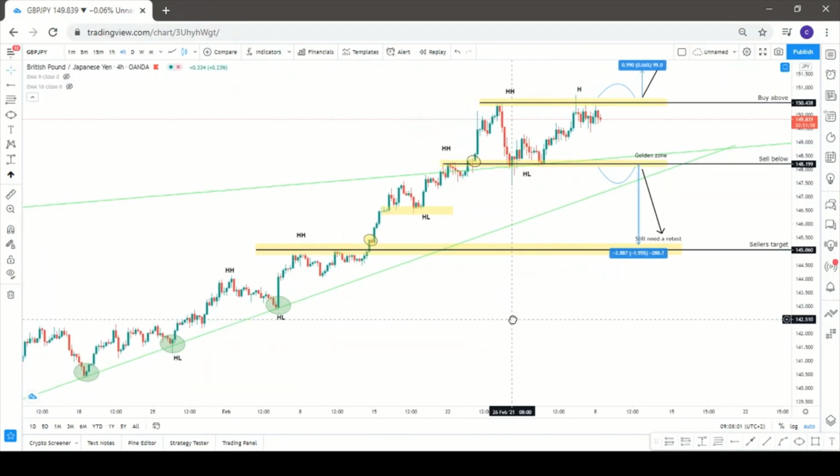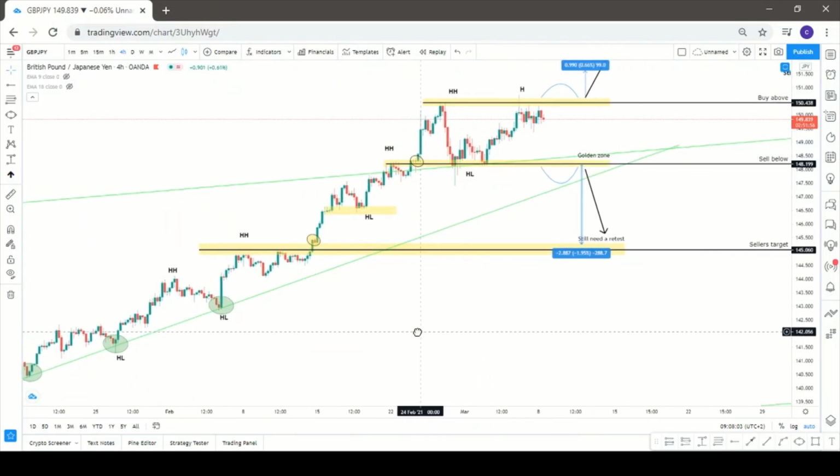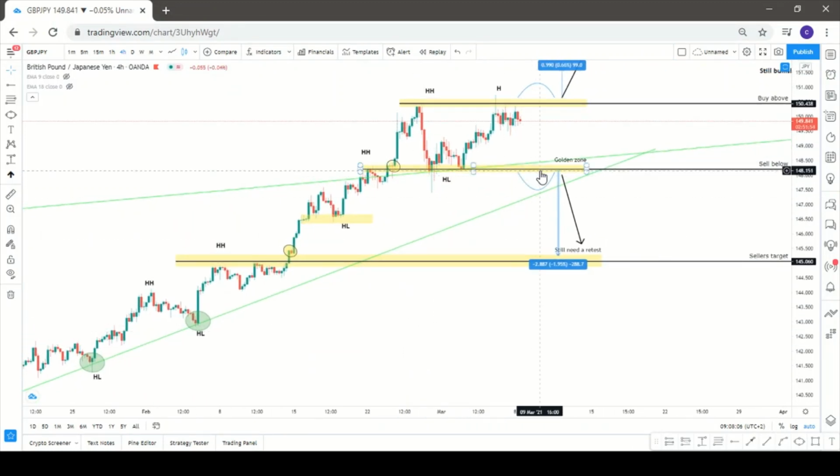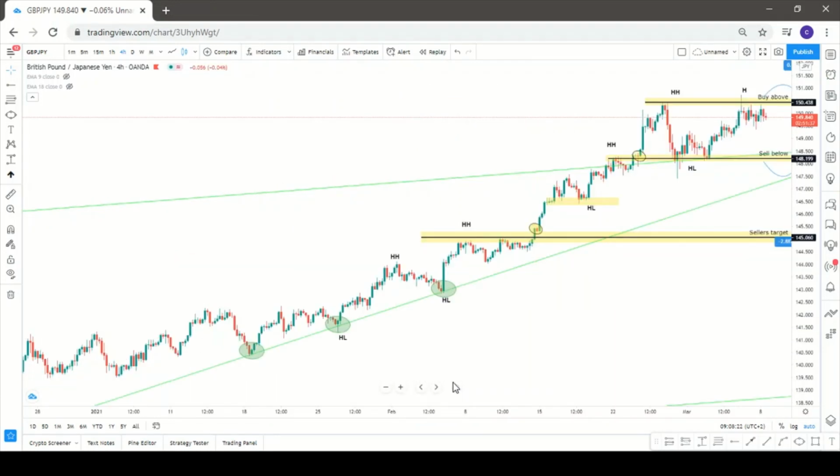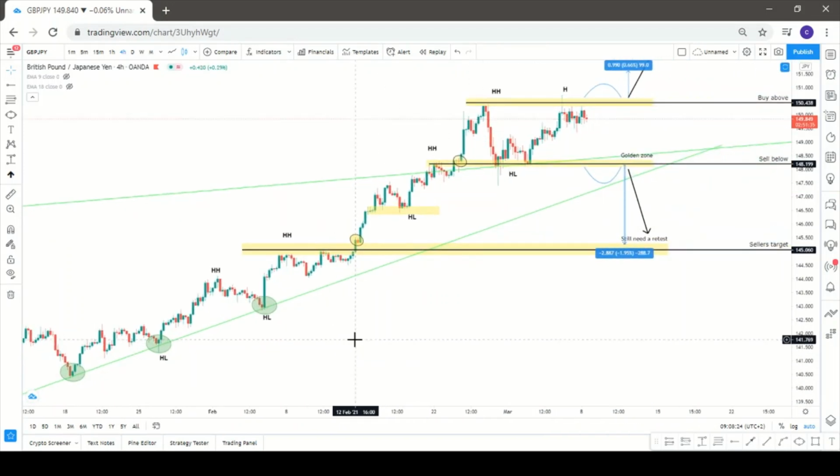All right, we do have a trend line up on this area. So if you miss the trade on the value area break, you could always jump in on the break of the trend line if it does break. So that is what I'm looking at when it comes to British pound, Japanese yen. I do think the yen will get weaker throughout 2021, and that is just my outlook on Japanese yen.